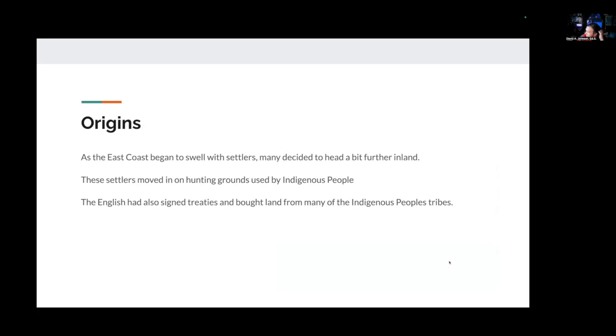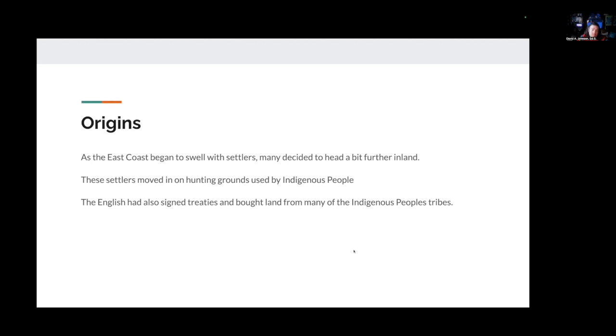So as more and more settlers continue to come, as the ranks begin to swell, they want to move further inland, and in moving further inland, they run into either other European territories or indigenous peoples. All of these sides had their own dealings and interactions with the indigenous peoples that were here before any of us got here. Some of them were positive, some of them were negative.